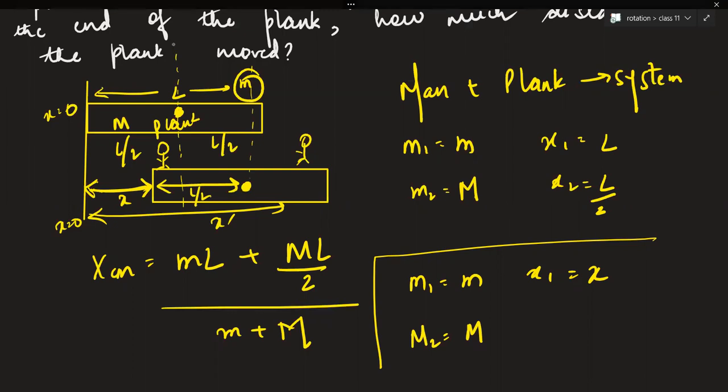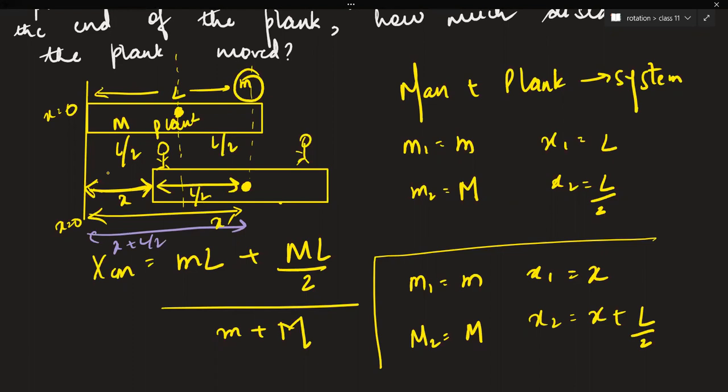So this entire x2 dash will become x plus L by 2. So x2 becomes x plus L by 2.